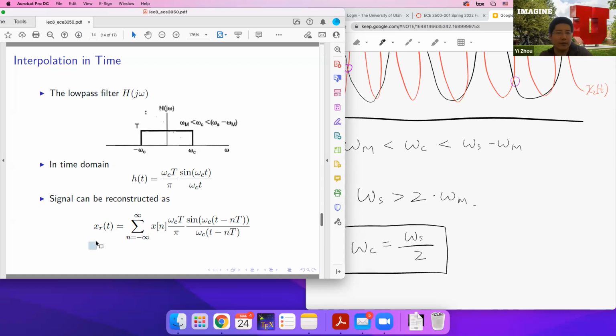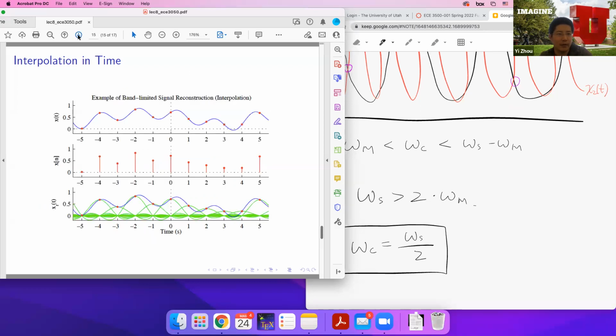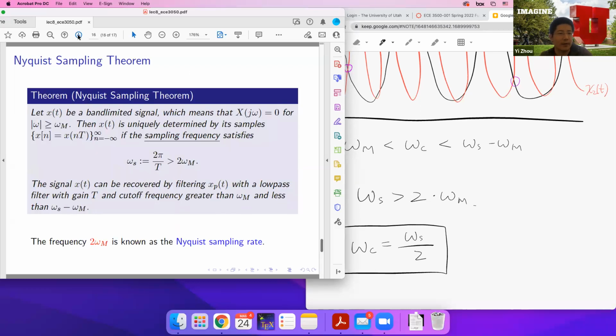Yeah, so this is a standard low pass filter, the ideal low pass filter. And this is the Nyquist theorem. I think we all know the statement.